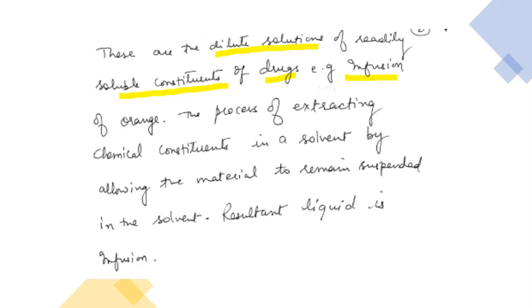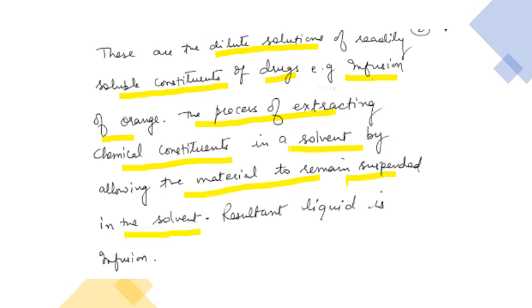The infusion of an orange is an example by which we can understand this extraction process. So the whole process is extracting the chemical constituents in a solvent, meaning menstruum, by allowing the material to remain suspended in the solvent.